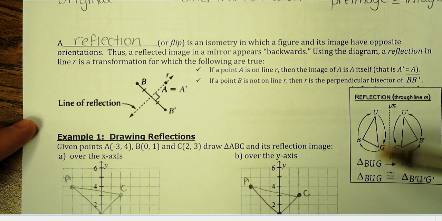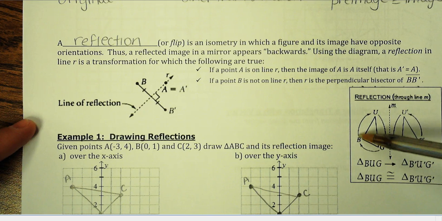And then here's just a little example, and you can see how the letters go in a different order. They're congruent. You have BUG for bug, that's your pre-image, and your image, B prime, U prime, G prime. You can see this goes BUG if I'm going around this way, and then here it goes backwards, BGU if I'm looking at it the other direction.